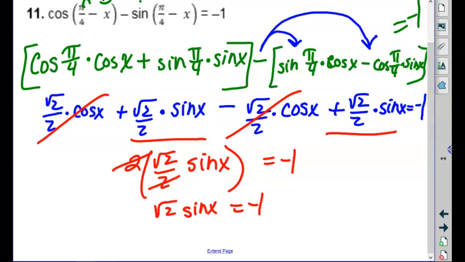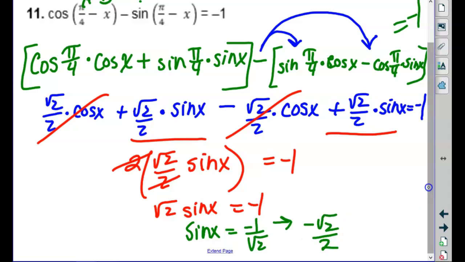Okay, that was a question on the quiz yesterday. It was in a little bit different form, but if you divide both sides by square root of 2, what does -1 over square root of 2 become? Negative square root of 2 over 2. And where is the sine? Negative square root of 2. Weren't there directions that said 0 to 2 pi at the beginning of this?